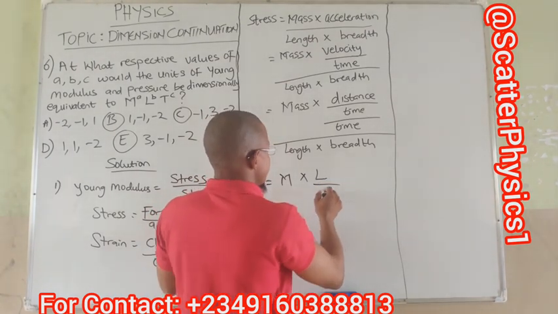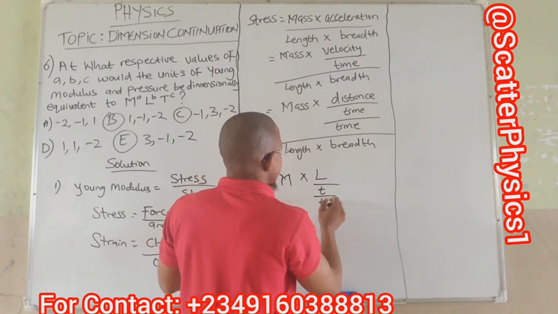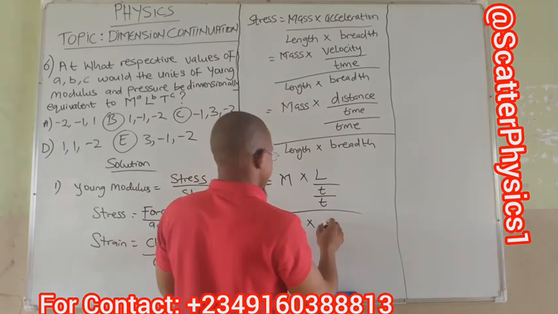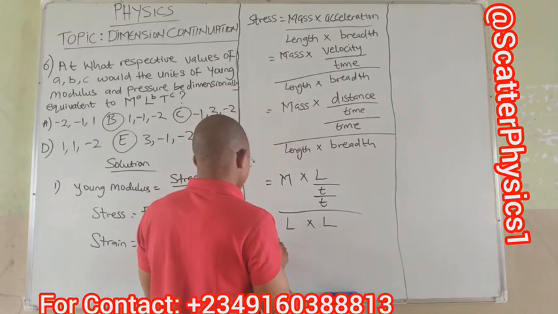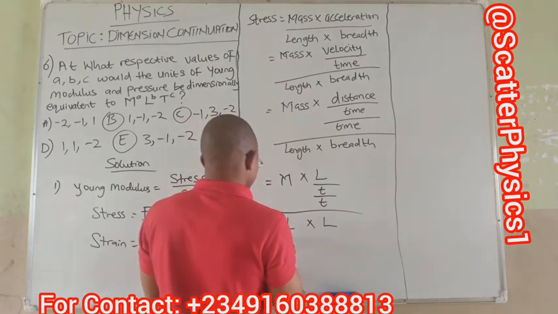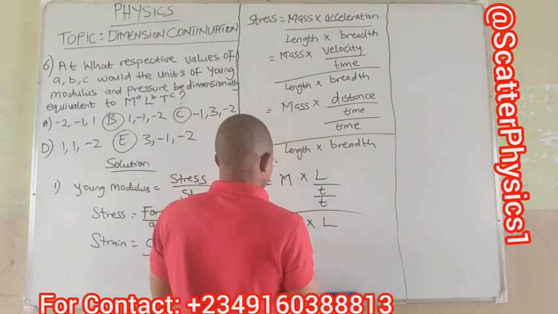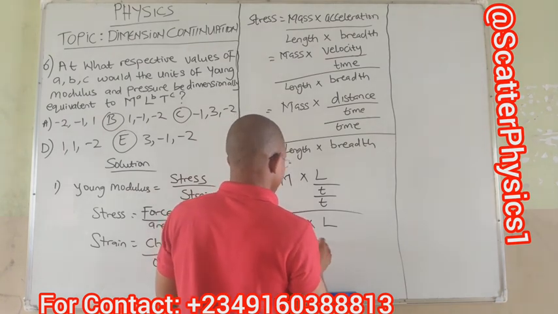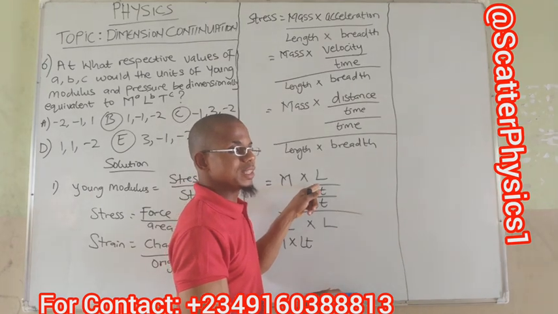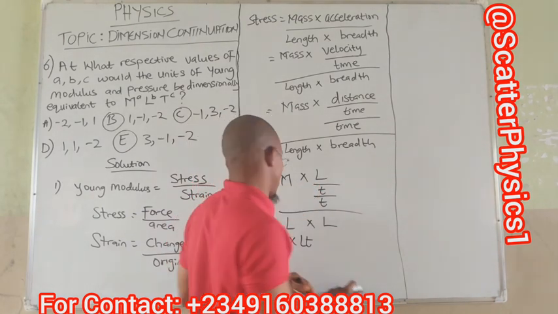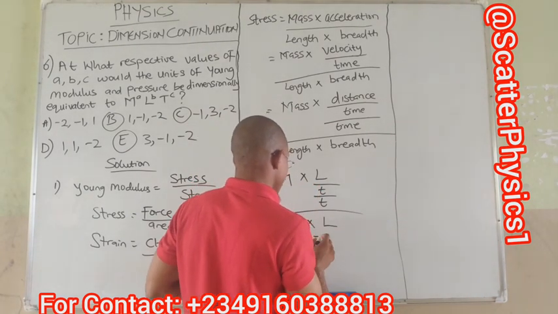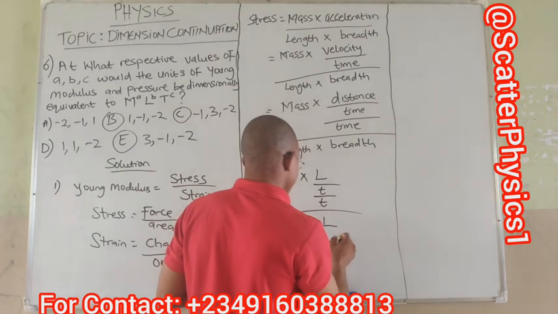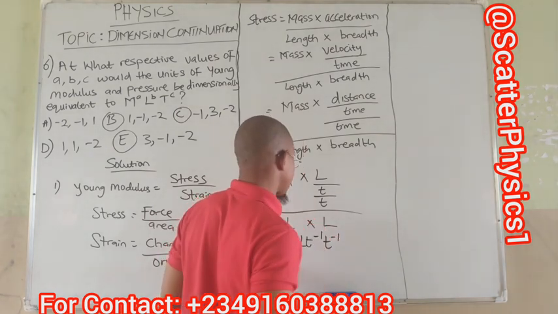Time is T. Length is L, breadth is still L. So we have M times L T raised to power minus 1, then T again, minus 1.